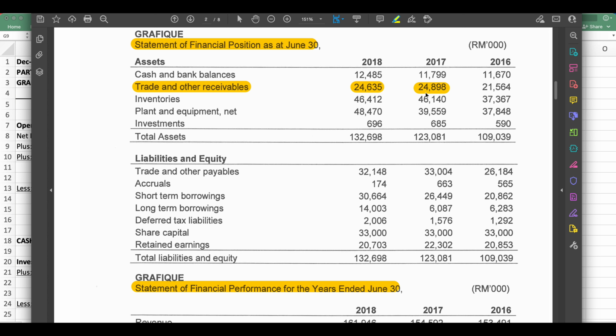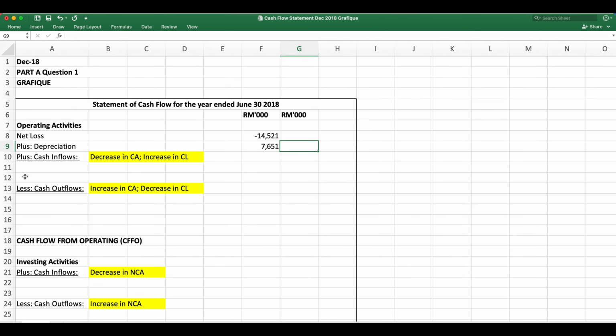In 2017, the trade and other receivables is 24,898. We can see that the trade and other receivables decreased in year 2018. So where do we record the decrease? Looking at the cash flow, any decrease in current assets, we consider as cash inflow.